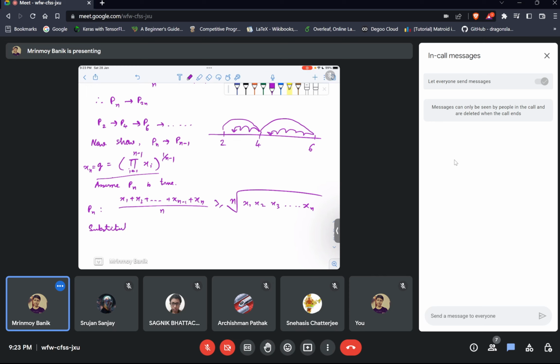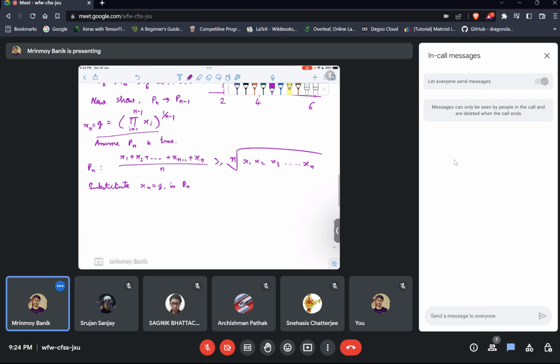Substitute xn equals G. What happens here is we are left with x1, x2, x3 up till xn minus 1, which is G power n minus 1, and the last element is G itself.